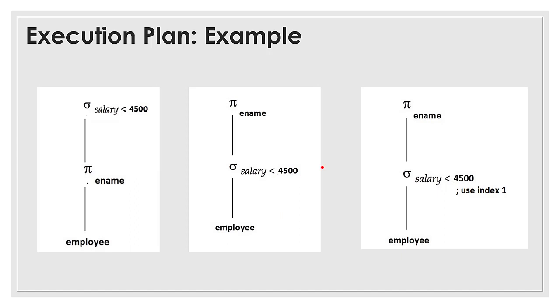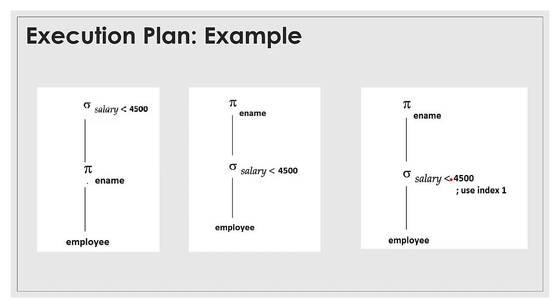Now suppose there is an index on the salary. Why do we need indexing? Indexing will help us retrieve the data in a faster way because it reduces the time for searching. So let us take that there is an index, the name of the index is index 1 on the salary. Now using that index 1, we can retrieve the data where the salary is less than 4,500 in a faster way than this one.